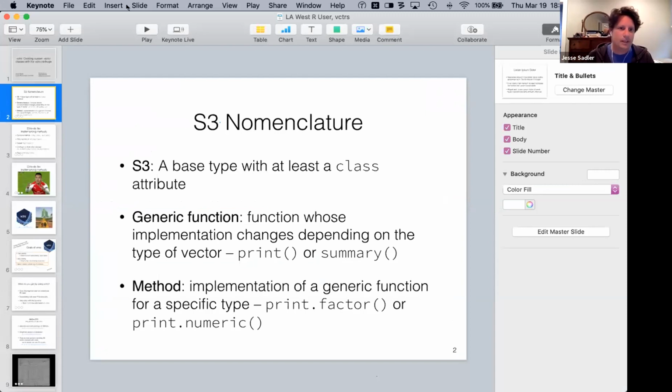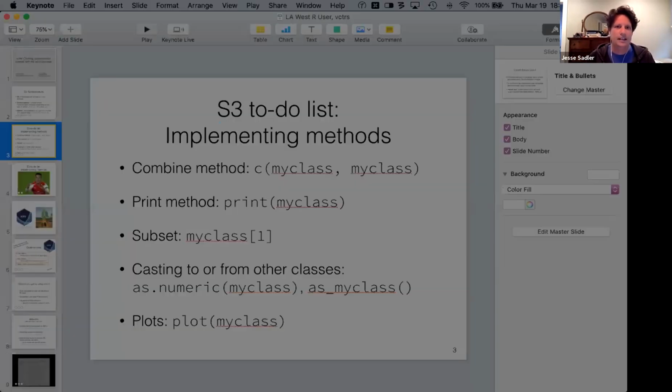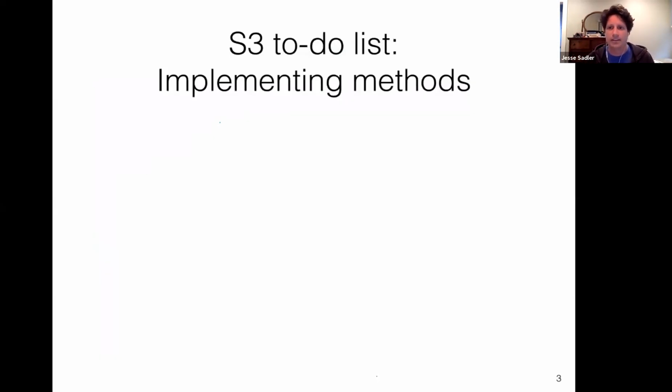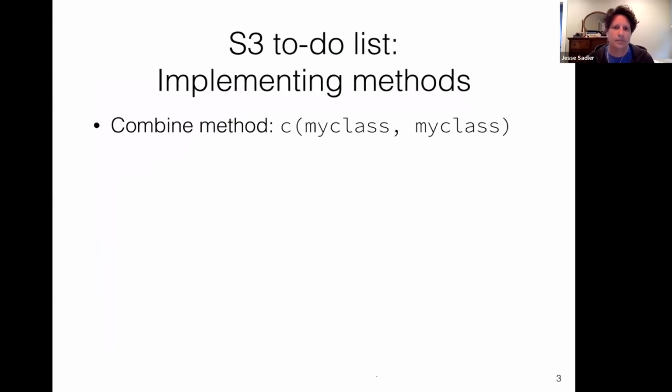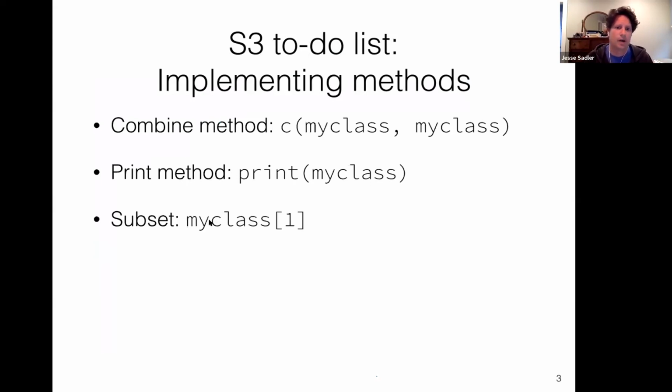So what we need to do then is start to implement a variety of different methods. We have to be able to combine our class with c. We need a print method so that it looks a lot nicer than the print method that we have.